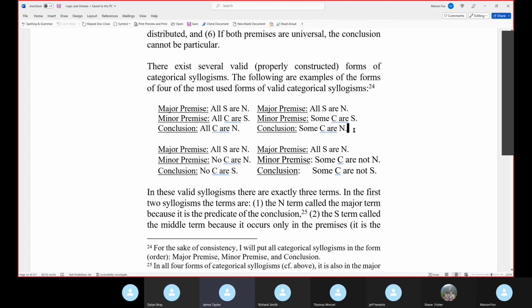Okay, and then when does a subgroup belong in a universalized syllogism? Well, we can make the subgroup right here. Let's just do this. All Christians are baptized believers.